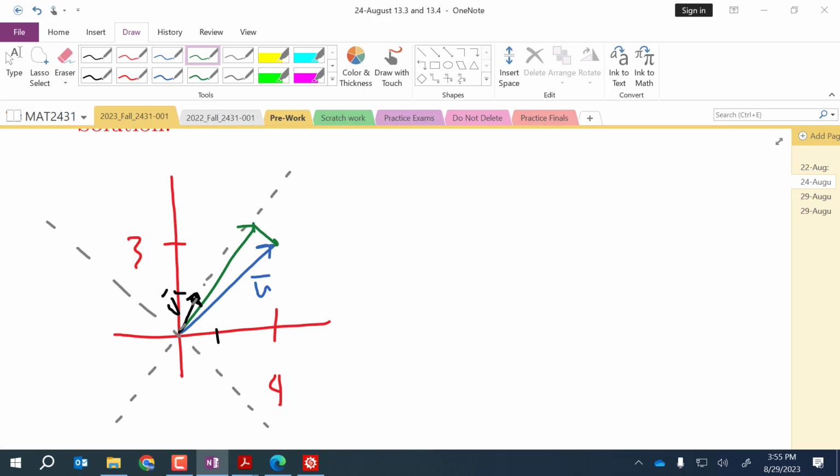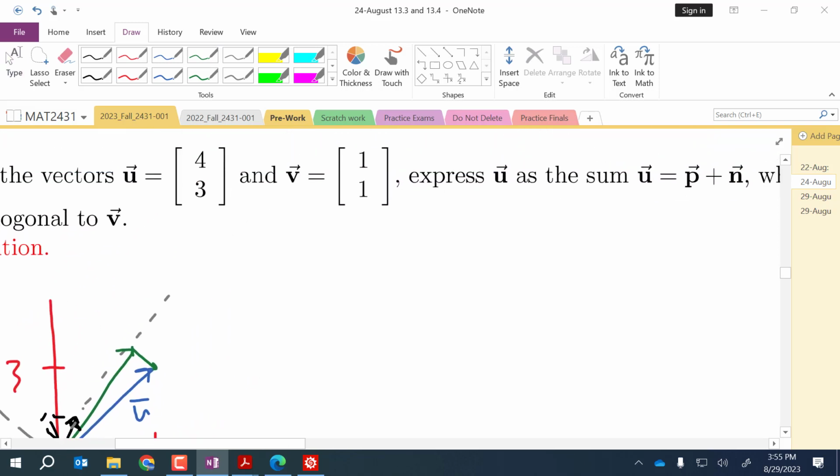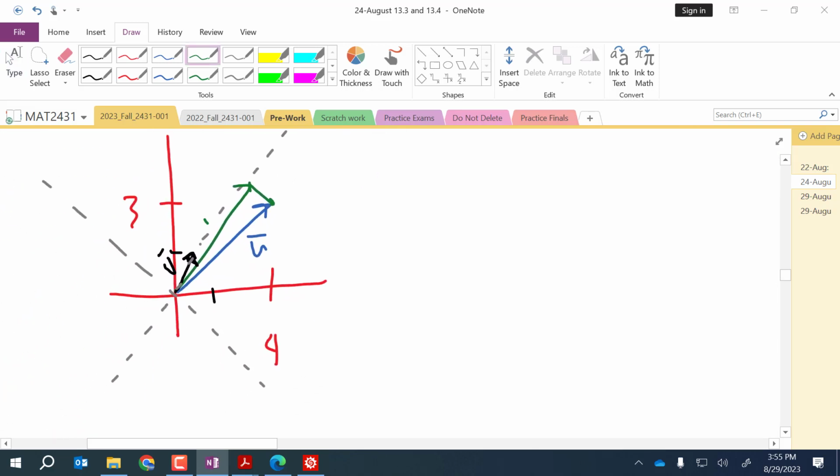I'll call it P and N there, folks. Yes, P for parallel, and N for orthogonal. Okay. So I want to be able to write vector u not in terms of i hat and j hat components, but in terms of a component that's parallel to vector v and a component that's orthogonal to vector v.